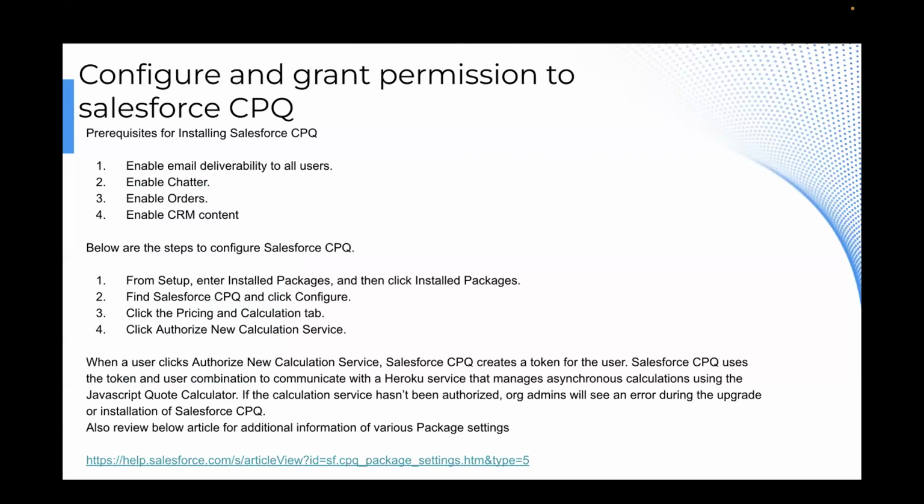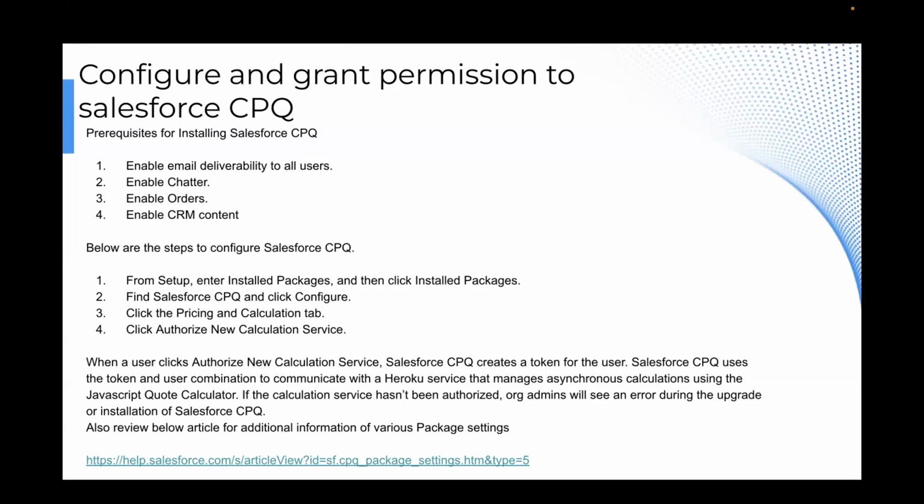The first prerequisite is that before installing the package, we have to enable email deliverability for all the users. The next thing is we have to enable Chatter, again for all the users. Then we need to enable Orders.